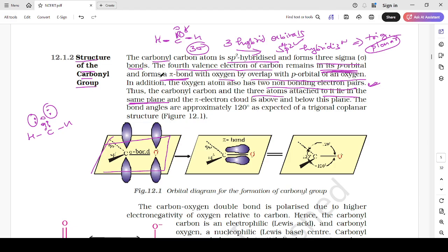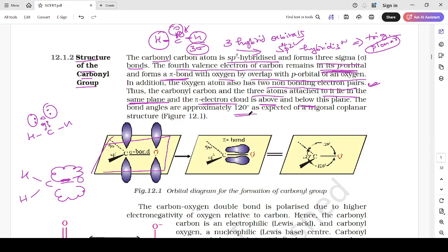What do I mean by the 3 atoms? Look at this, 1, 2, and 3. All the 3 are in the same plane. And the pi electron cloud is above and below this plane, of course. If this is a pi cloud, the cloud could be seen above as well as below the plane.